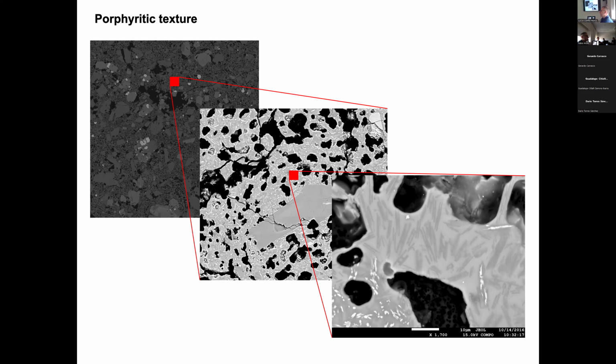For instance, there are a lot of data for basalts, for plagioclase and pyroxene, in basaltic andesite and andesite as well.